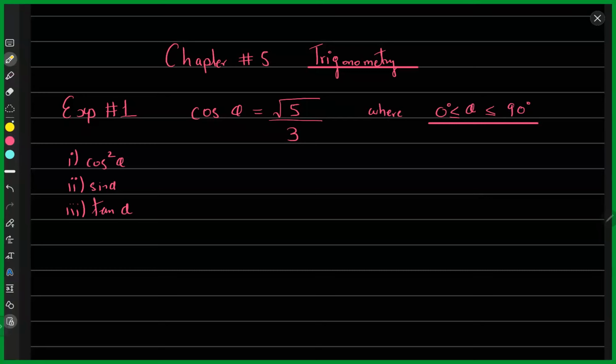Now you know that cos theta is equal to root 5 by 3, and using the value of cos, you need to find out cos square. We can do that by simply squaring it. But how do we find sine and tan? For this, you need to understand that this is basically information about a right angle triangle.